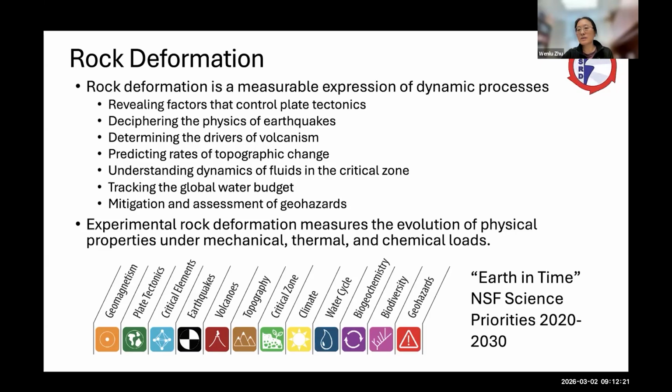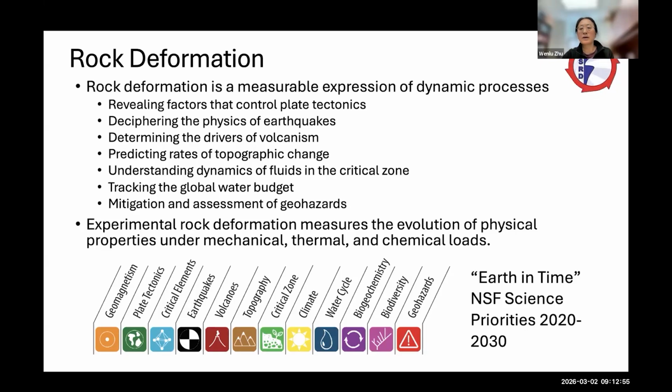So essentially, rock deformation uses physical, chemical, or biological principles and a mechanical engineering framework to better measure the evolution of the properties of rock, and then to infer the processes that led to the current state of the rock.